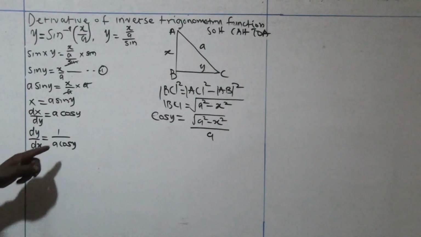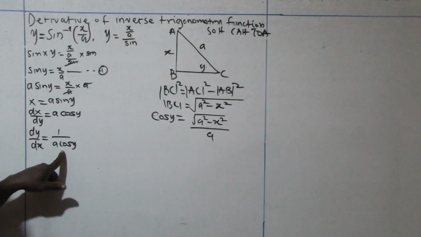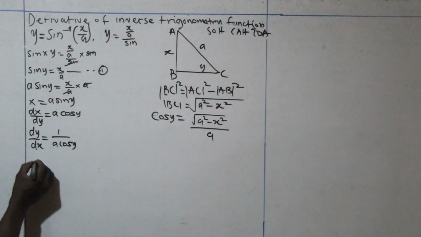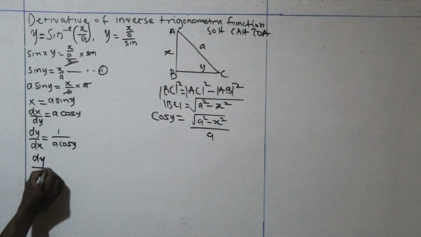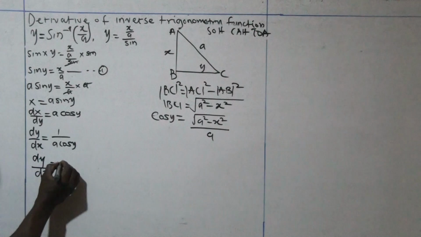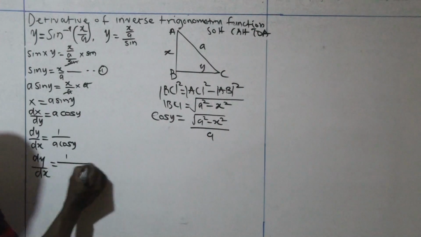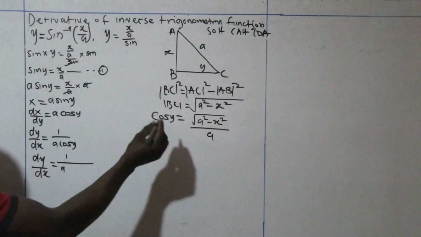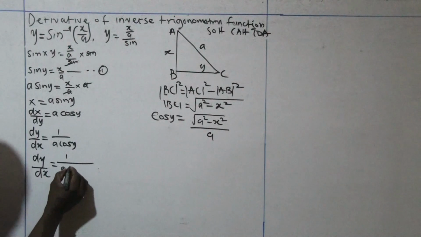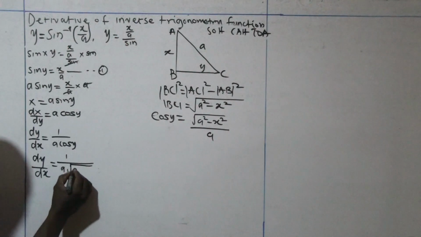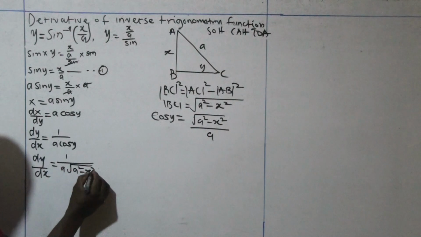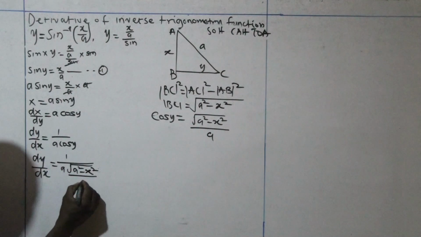Then we put this into the expression, and dy/dx becomes 1 all over a times the square root of a squared minus x squared divided by a.